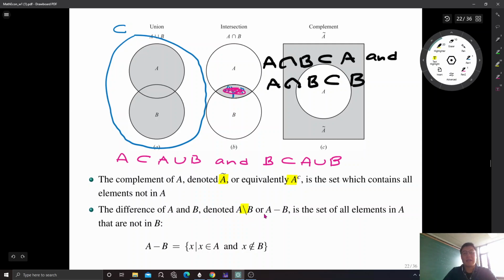The difference of two sets A and B is defined as the set of all elements in A, but not in B. Formally, we can write A minus B as the set of elements x such that x belongs to set A, but x is not an element of set B.